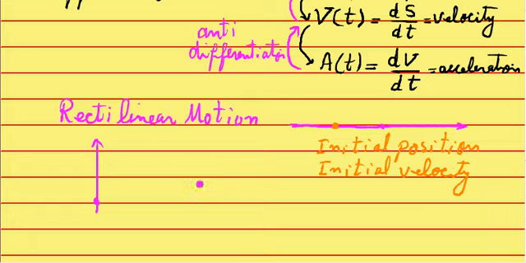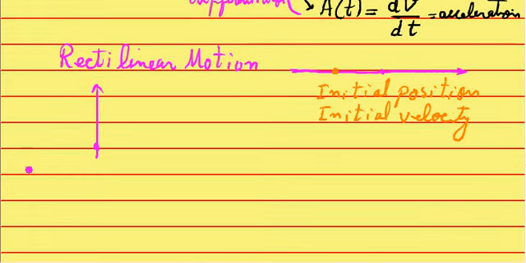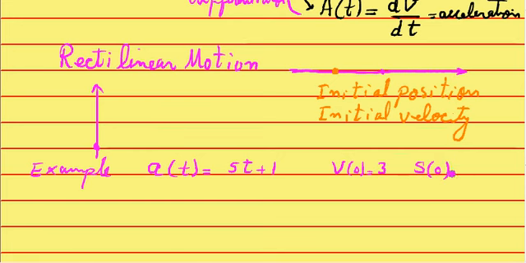Suppose we are given that the acceleration of an object at some time t is equal to 5t plus 1. Its velocity at time 0 is given to us as, say, 3. Its position at time 0 perhaps is given to us as -1. Question: find velocity and position.